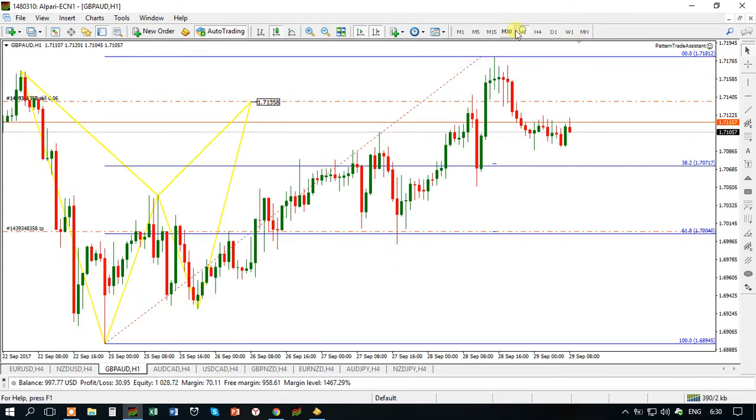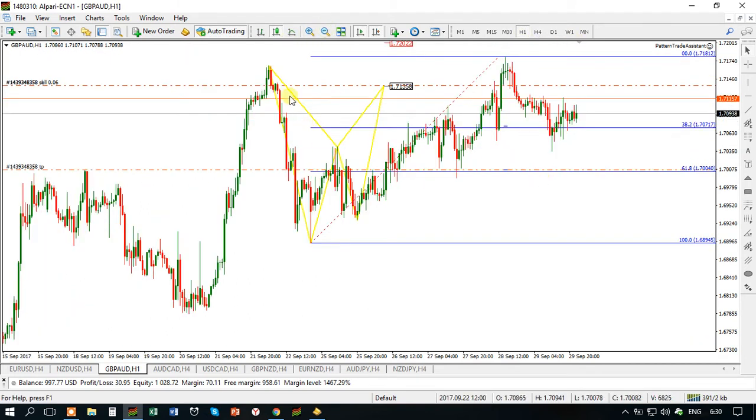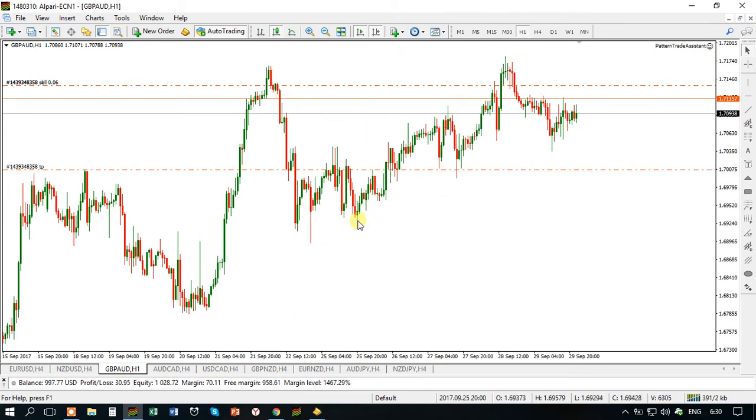Okay, this is a 1 hour trade. It was found this way. Let me show you how I found the trade. I found it with my manual pattern search tool, just uniting 2 points, C to X. Most pattern search traders will be very much surprised that they also have the algorithm of finding the pattern just by clicking on 2 points.